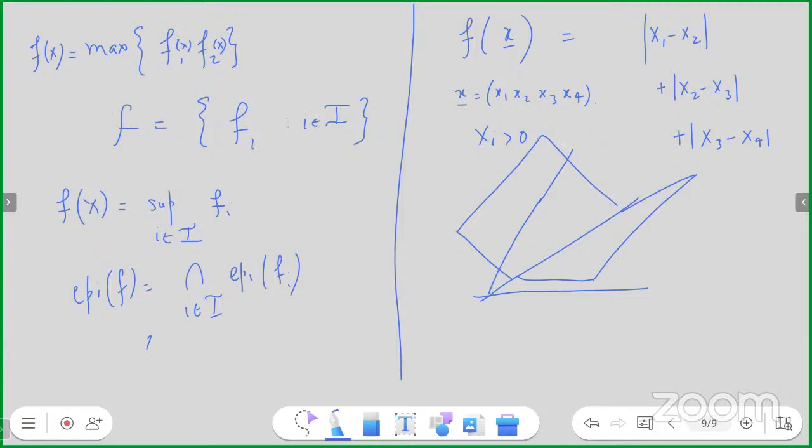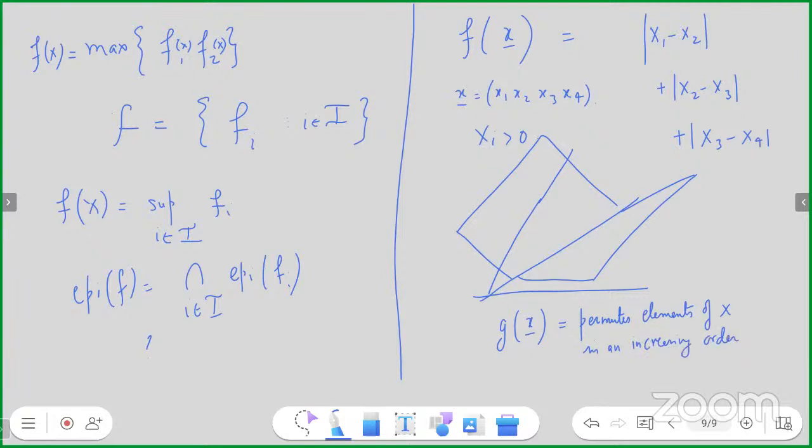Now let's play a trick. This is f of x. Let me define g of x first. All g of x does is permute the elements of x in an increasing or non-decreasing order.